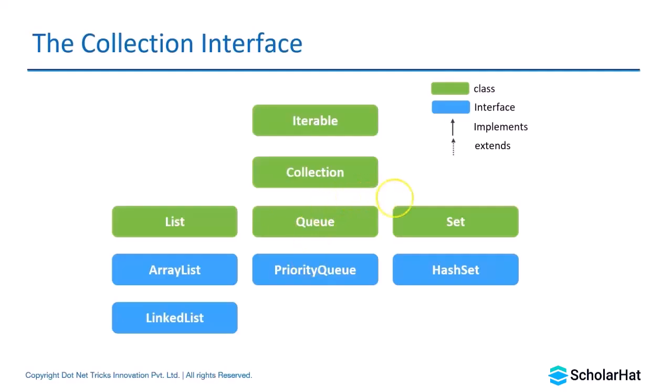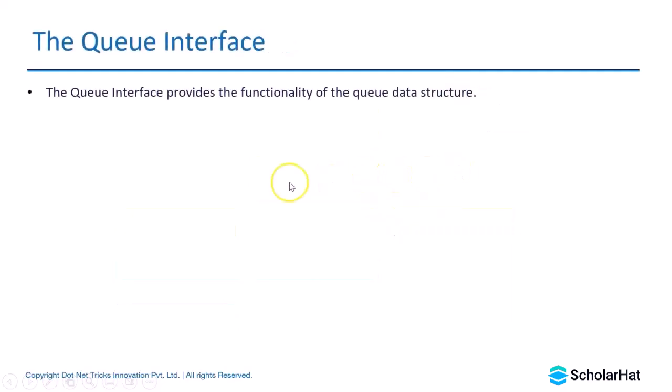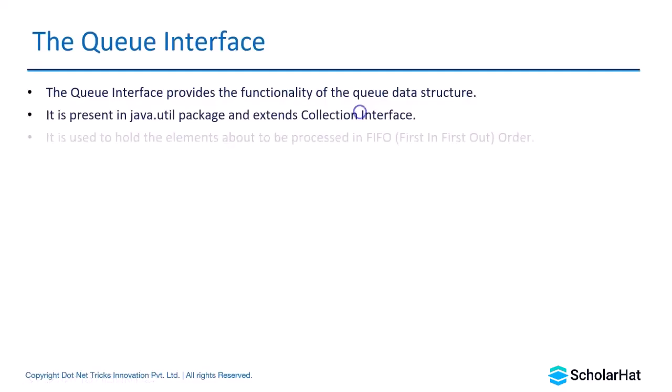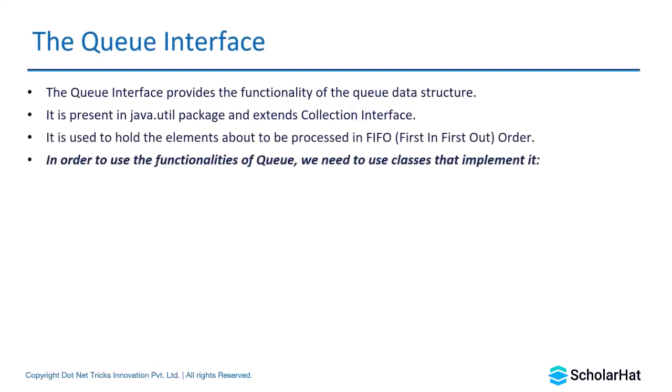So let's understand. As I discussed, the Queue interface provides the functionality of the queue data structure, which works on the principle of first in, first out. It also resides in the util package and extends the Collection interface.